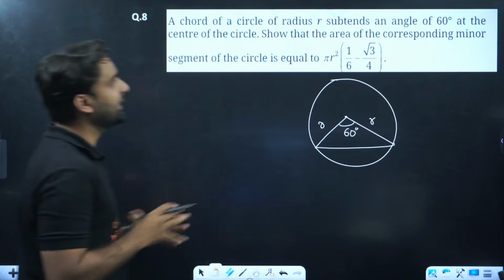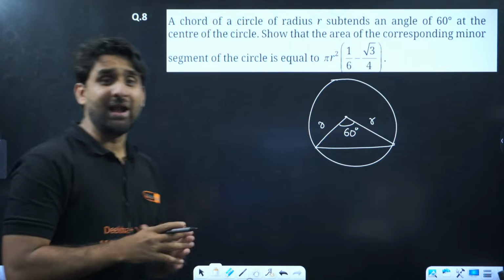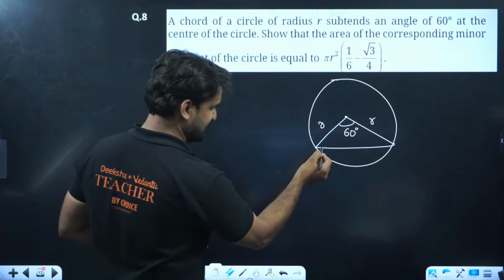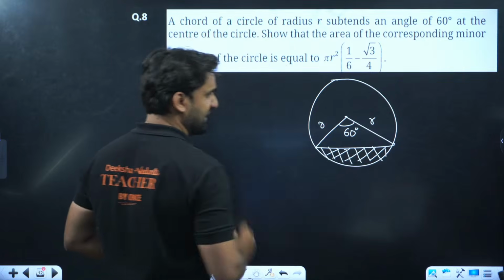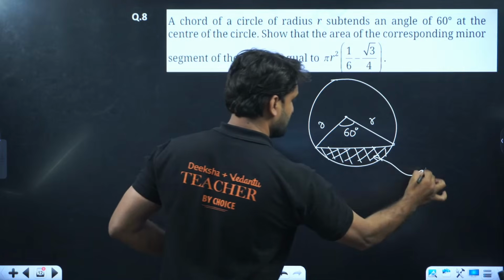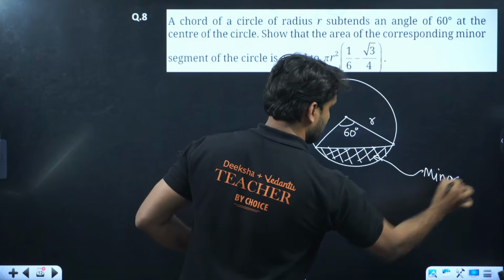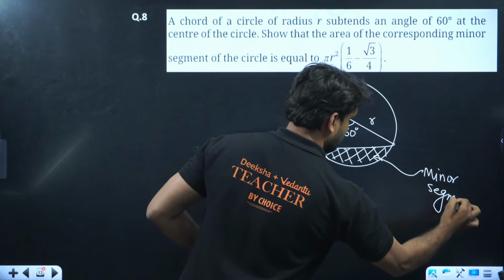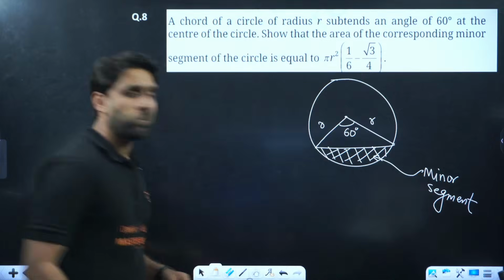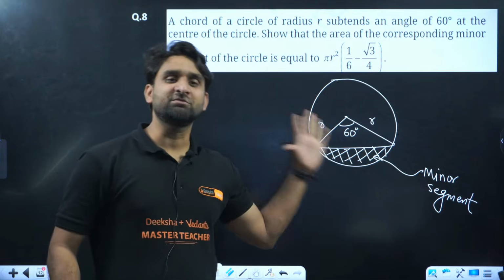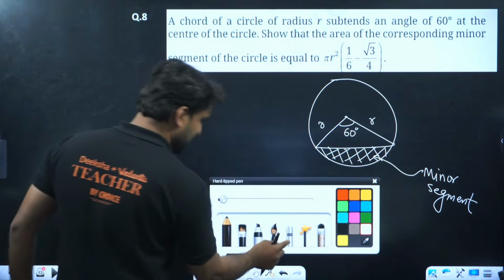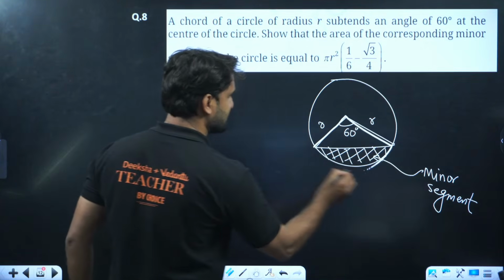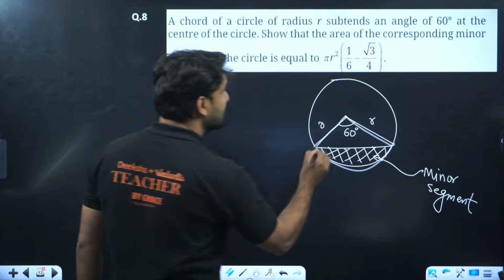Show that the area of minor segment, this is the minor segment, guys. We have to calculate the area of this minor segment. What is the path? The path is area of this sector minus area of triangle.